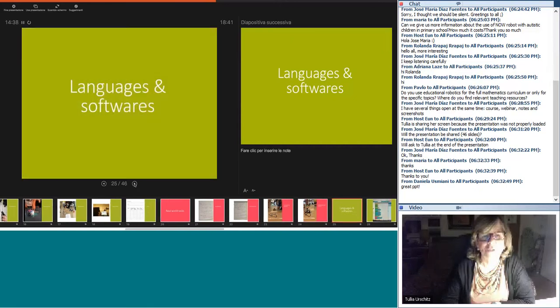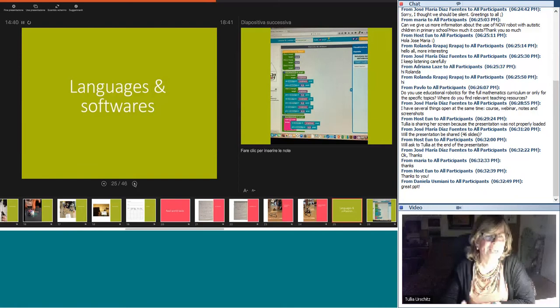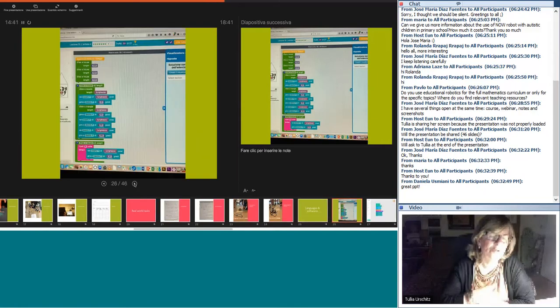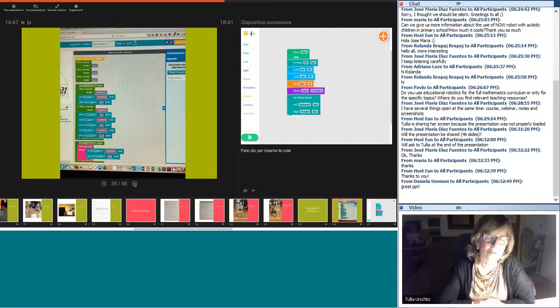What makes robots be able to be used all over the curriculum, the vertical curriculum, is that you can find a proper robot for each cycle, for the kindergarten, from the primary school, and also for the secondary school.